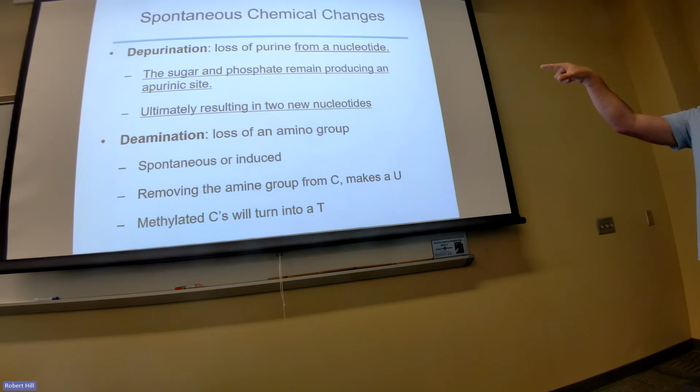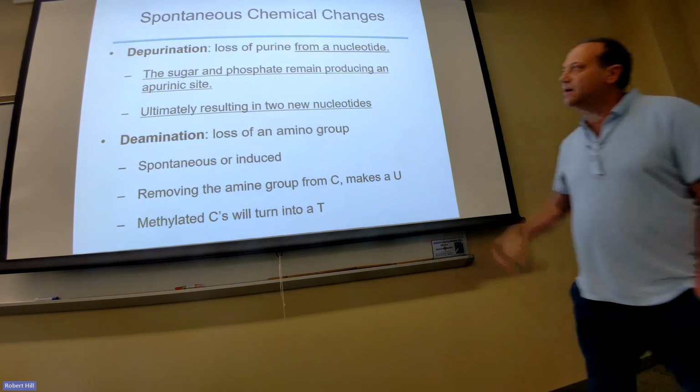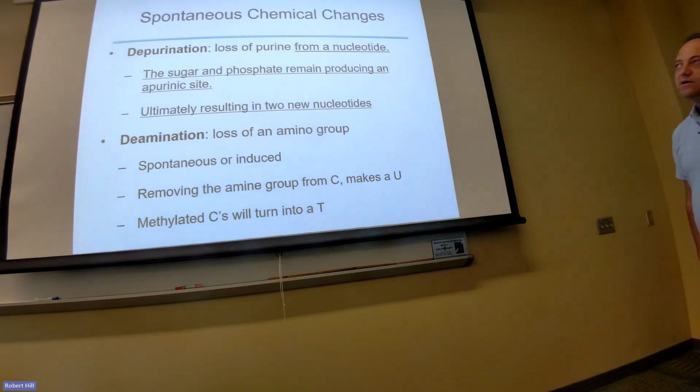The sugar and the phosphate remain, and you get a site called the apurinic site, which has the sugar-phosphate backbone but lacks the purine two-ring structure in the middle of the DNA. You're going to see that this results in 2 new nucleotides. So that's depurination.